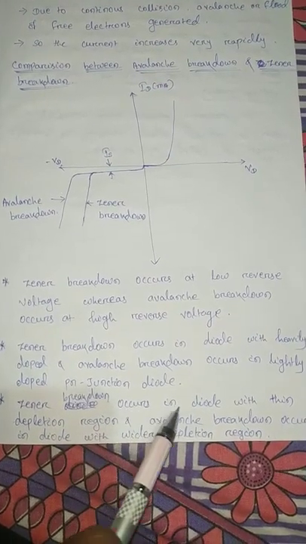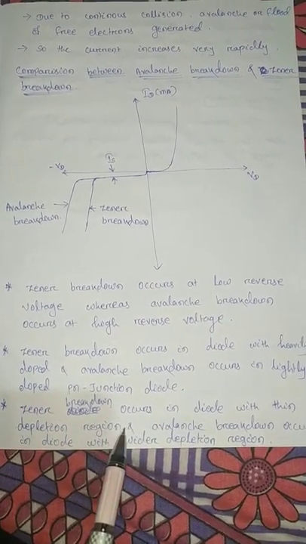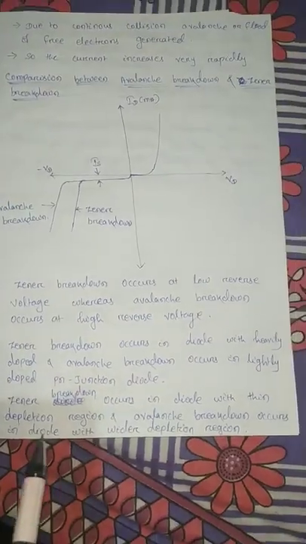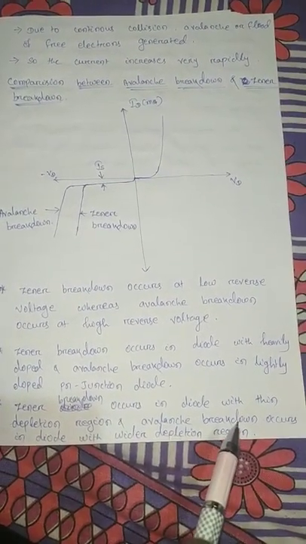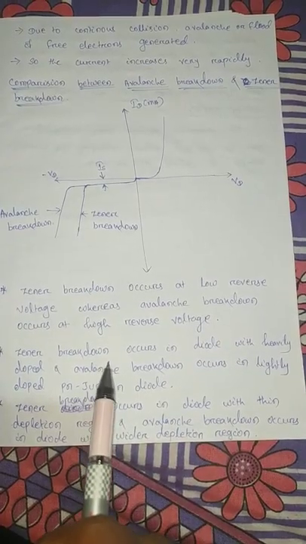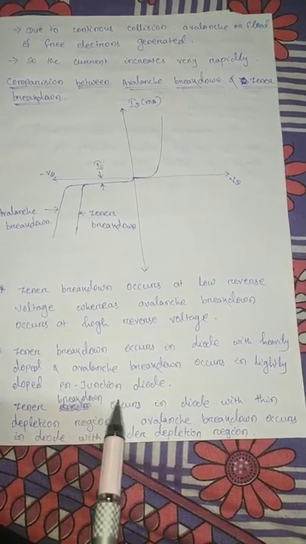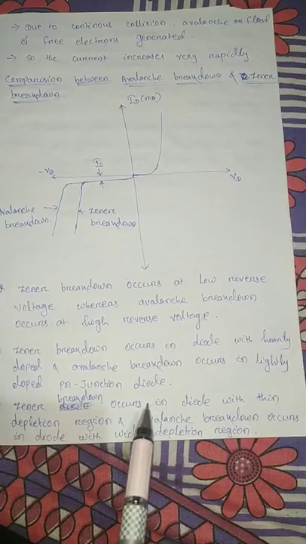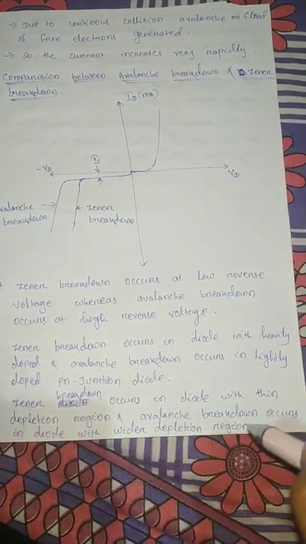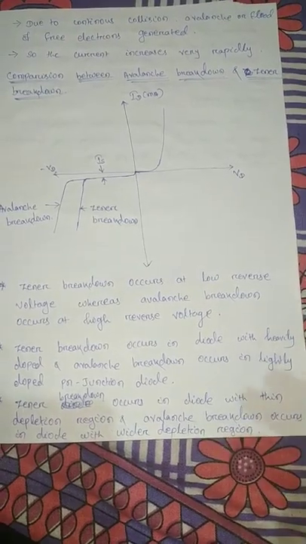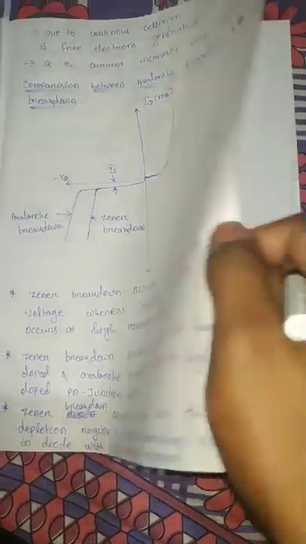Zener breakdown occurs in a diode with a thin depletion region, and avalanche breakdown occurs in a diode with a wider depletion region. Due to this high doping, the Zener diode has a narrow depletion region, whereas the avalanche diode has a wider depletion region.